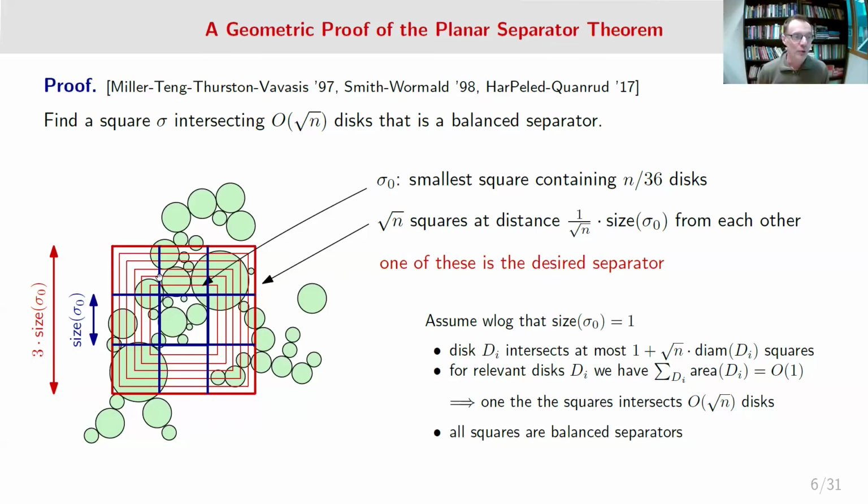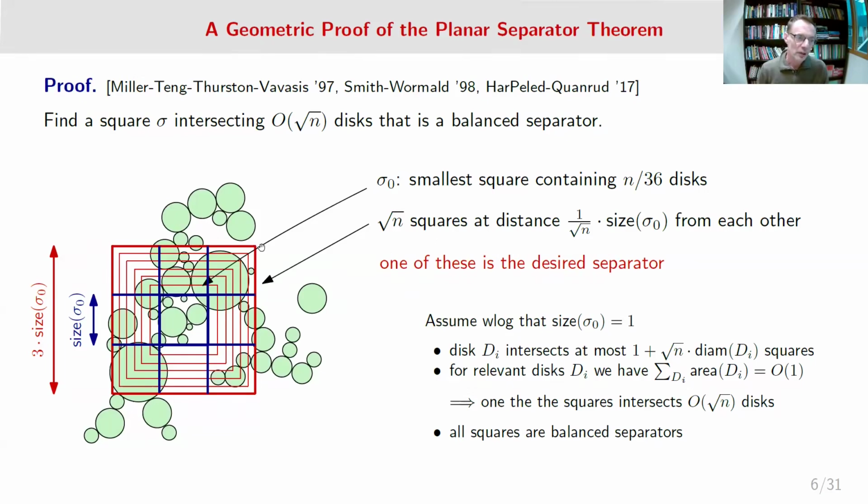So maybe you also see why I'm lying a bit. Because you ignore disks that are crossed by the boundaries of the squares? Exactly. That's also why there's this n over 36 here. Otherwise, I could have chosen n over 10 or something like that.